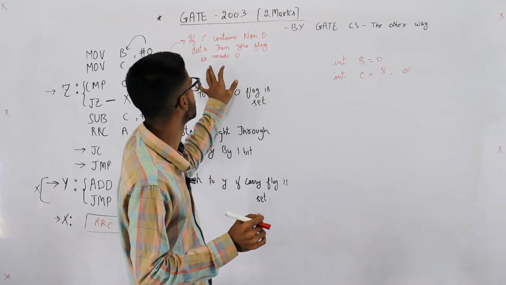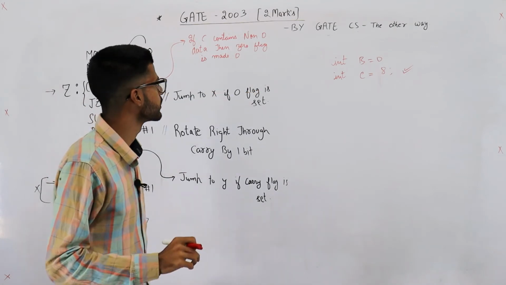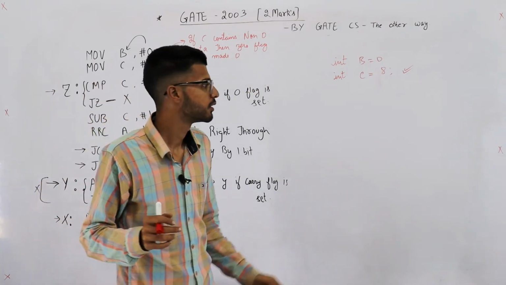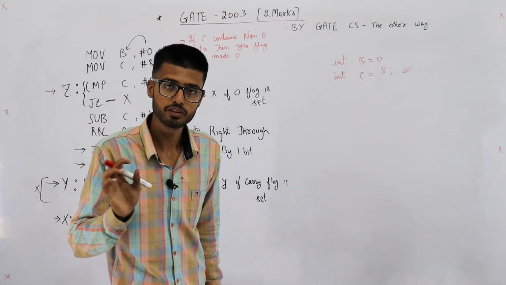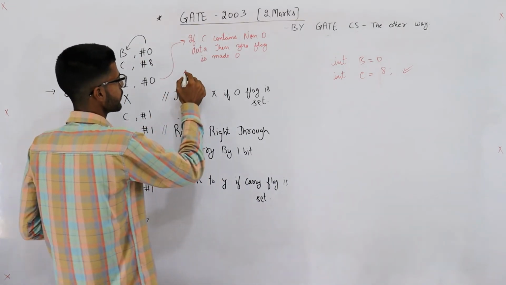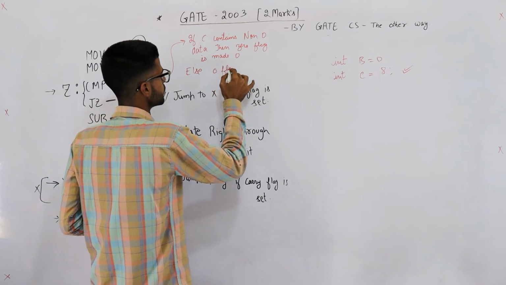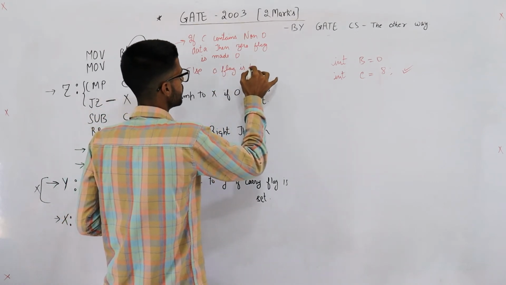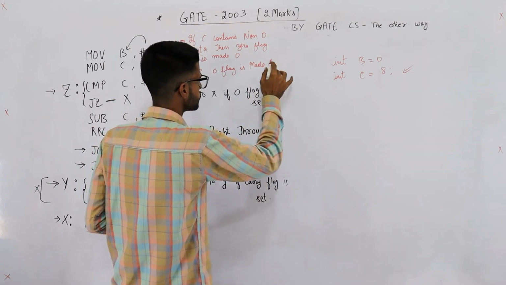That's what we are doing. 0 flag is made 0, 0 means off. But had the data been 0, that means C contains 0, then in that case, the 0 flag should be on. So in the other case, that means else, the 0 flag is made 1.